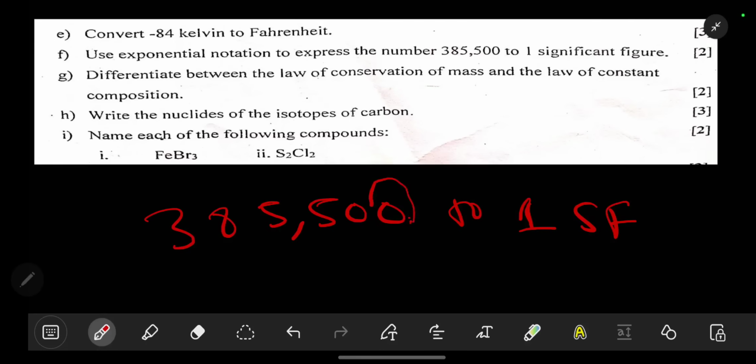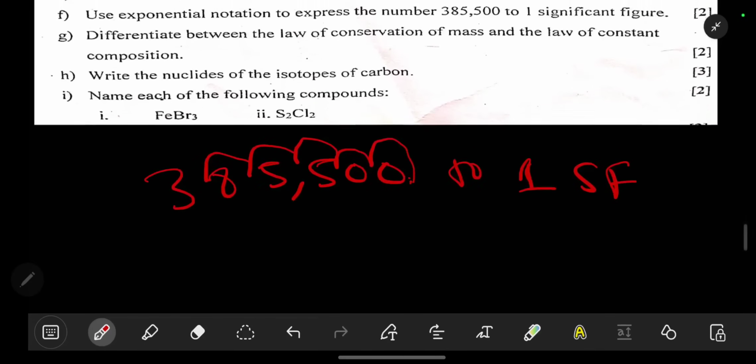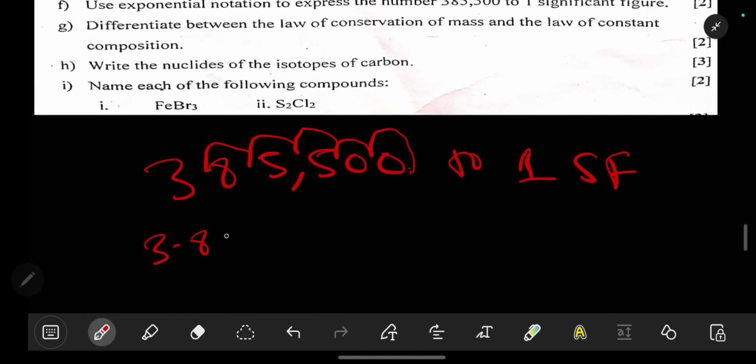So you show this in your work: 1, 2, 3, 4, 5. So you're going to have 3.85500. Immediately you are moving this side, so you add a power of 10. You move 1, 2, 3, 4, 5 places, times 10 to the power 5, like that. So that's the first step.